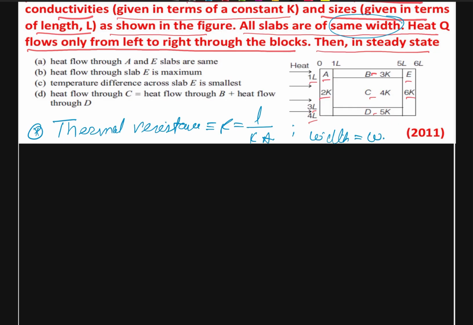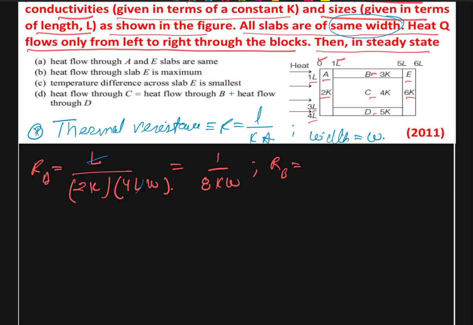Let us start with the thermal resistance of A. A is from 0 to 1L, so its length is L, and its constant is given as 2K, and the area will be equal to, it spans from 0 to 4L, so this comes as 4L times W. Here L and L cancel out, so we get 1 upon 8KW.